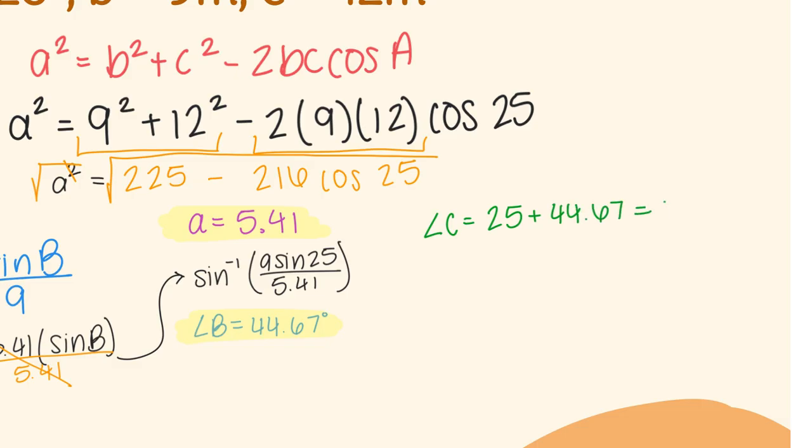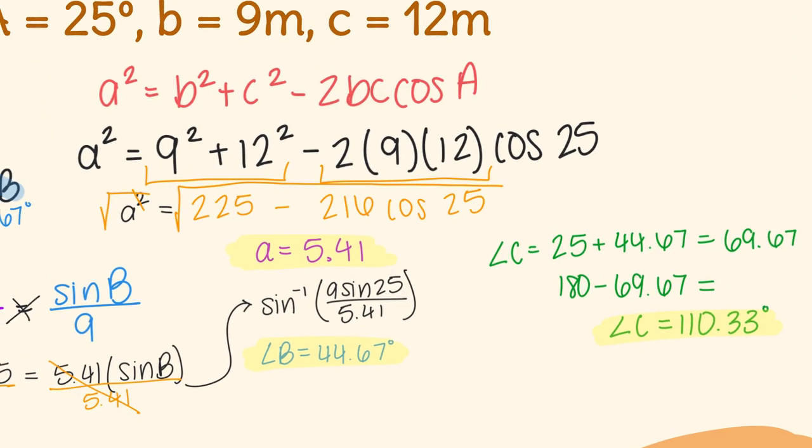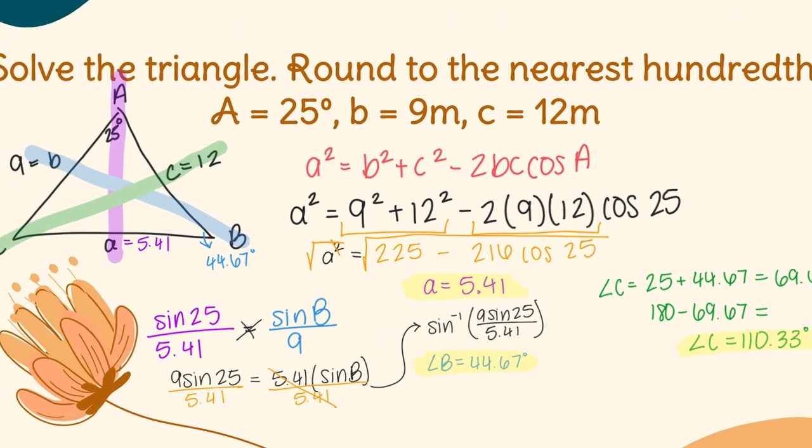You should have had 69.67. And then 180 minus 69.67. And if you subtracted correctly, you should have had angle C is 110.33 degrees. And again, if you look at the angles, see if they match with the sides.